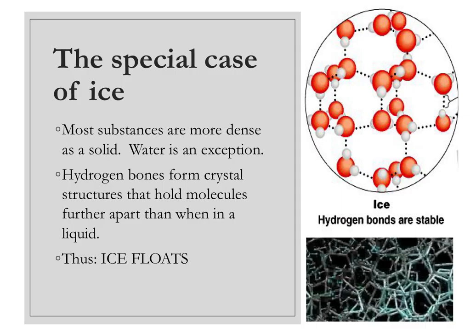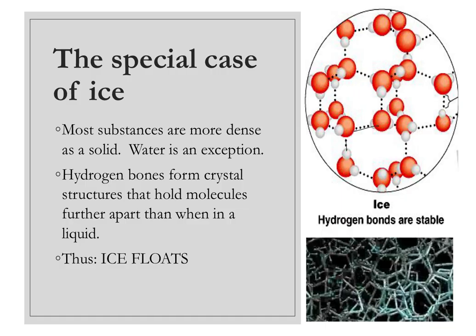Now, one thing that makes water a little bit different than a lot of other compounds is that water as a solid is actually less dense than liquid. And so this is why ice floats on top of the water. When ice becomes stable, it starts forming these particular bonds.